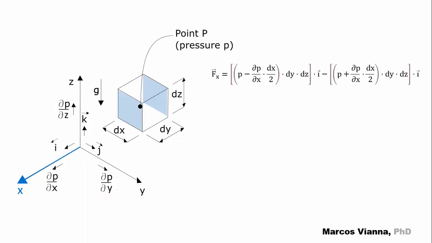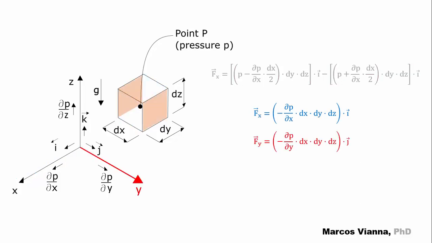The component of the resulting pressure forces along the x-axis will be given by this expression, which results in this one. If we do the same for the other axes, we'll find this expression for the y-axis and this expression for the z-axis.